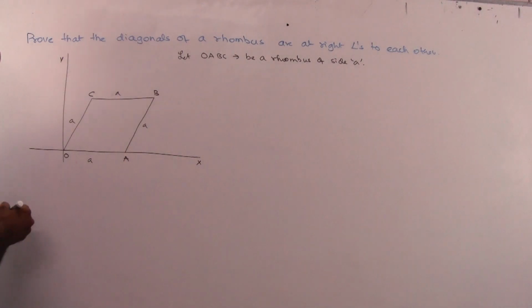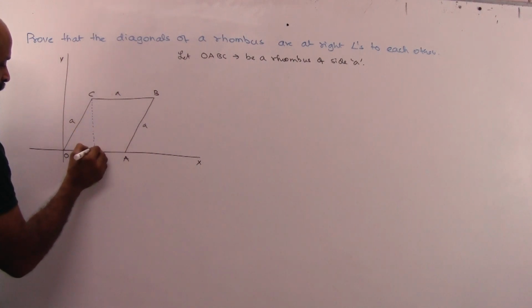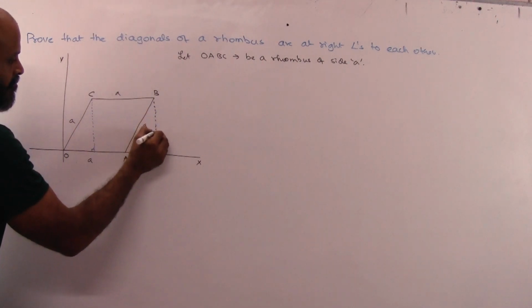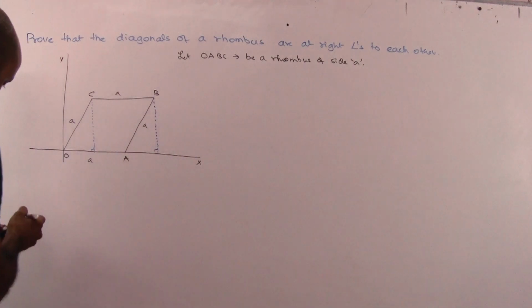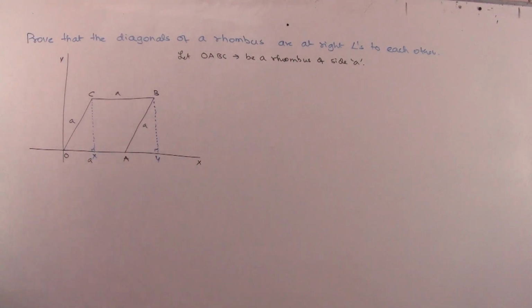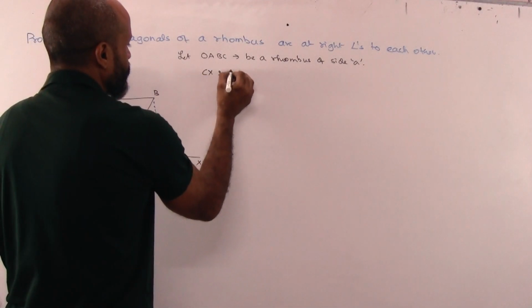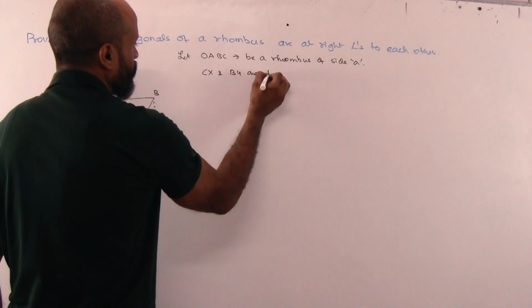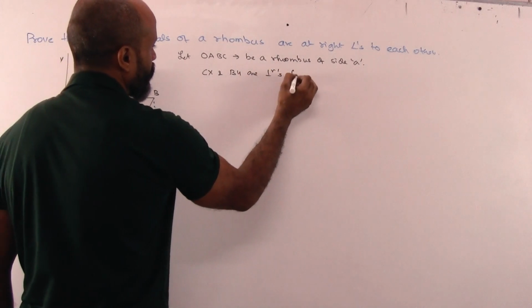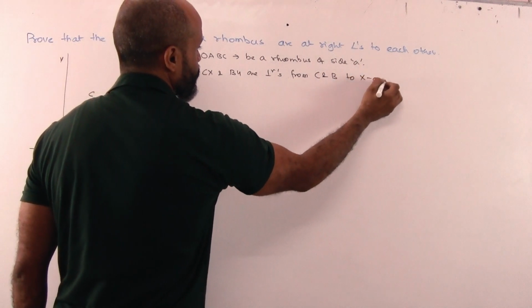And let's drop a perpendicular from this one to here and from this one to here. So let's say this is CX and BY. Okay, so we have here CX and BY are perpendiculars from C and B to the X axis.